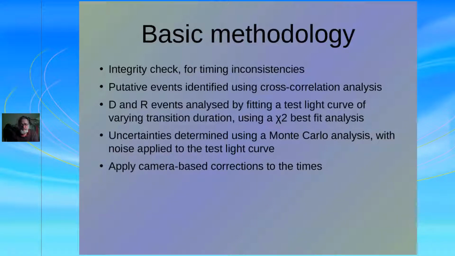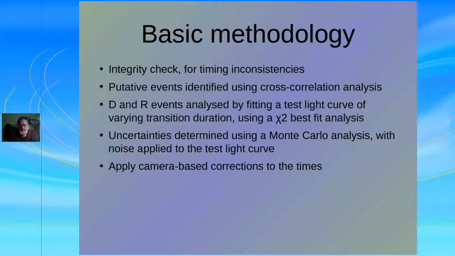Iota at this time does not handle step events, which are characteristic of double stars. Having fitted the light curve using chi-squared best fit analysis, the uncertainties in the derived times are determined using a Monte Carlo analysis, applying noise to the test light curve.